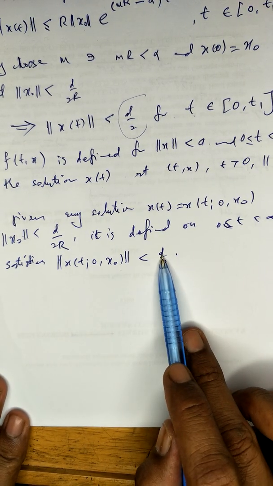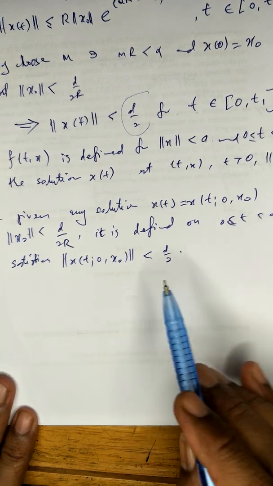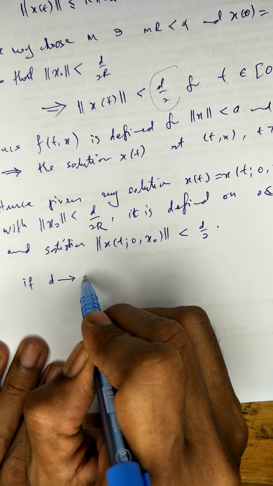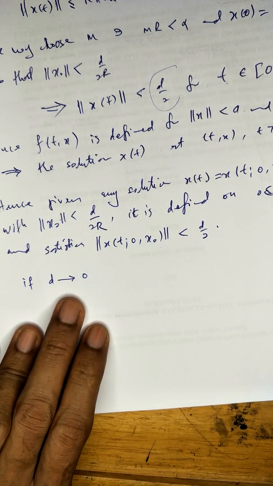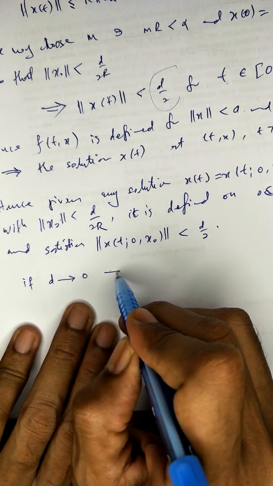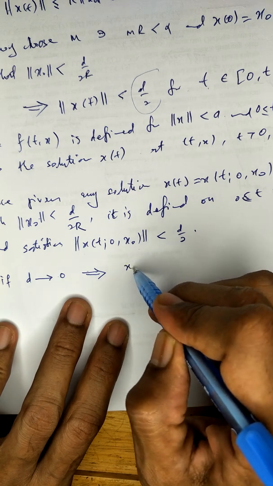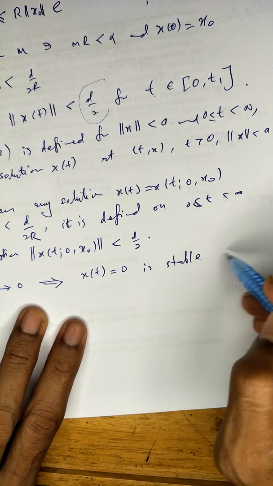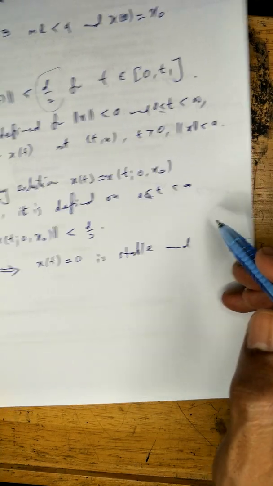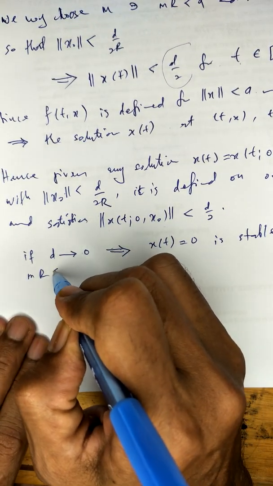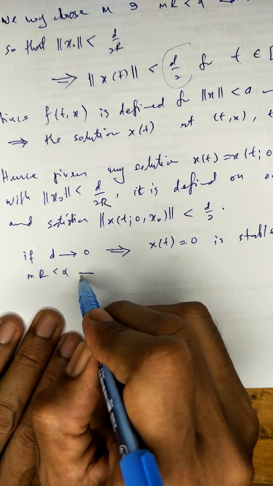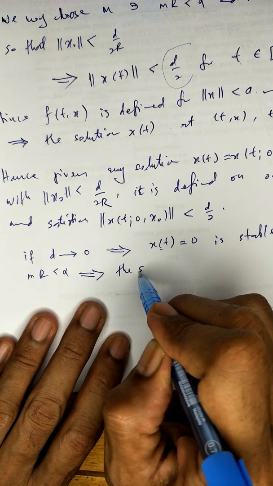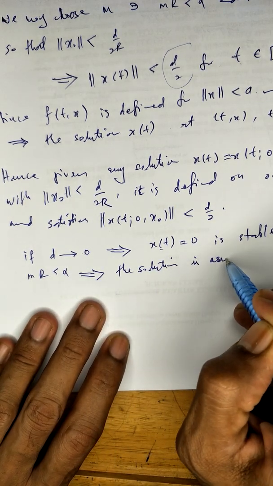And if we make d as small as we want, d tending to 0, this implies that x equal to 0 is stable, and with m r less than infinity, this implies that the solution x equal to 0 is asymptotically stable.